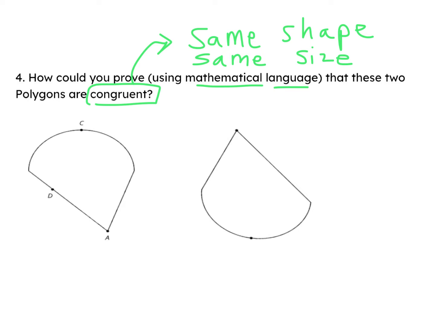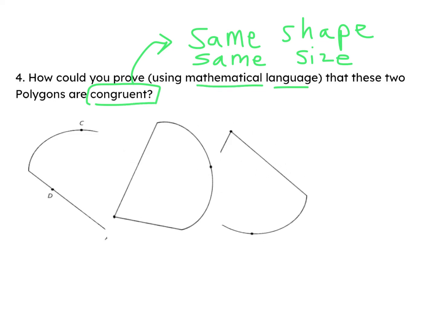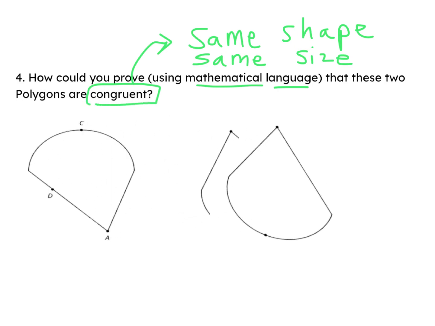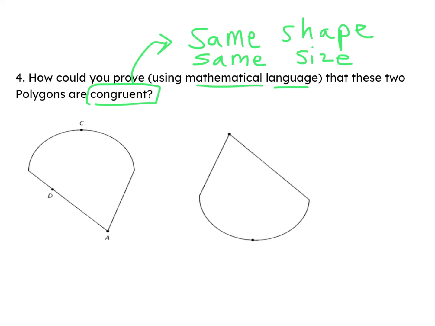Well, one thing I notice, and since I'm able to do this on this program, I can rotate the polygon and it fits exactly inside itself. So one thing we could say is a rotation can be applied to the figures and then they would be congruent. They would fit inside itself. So that's one piece of mathematical language we could use.